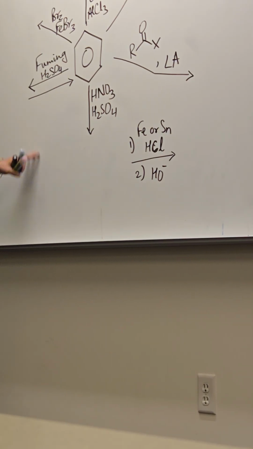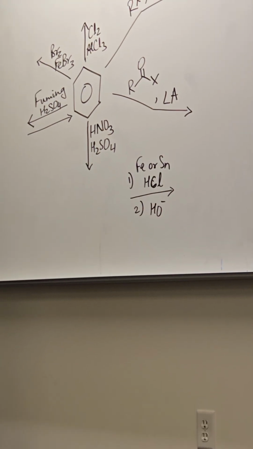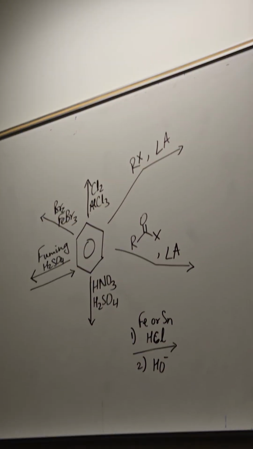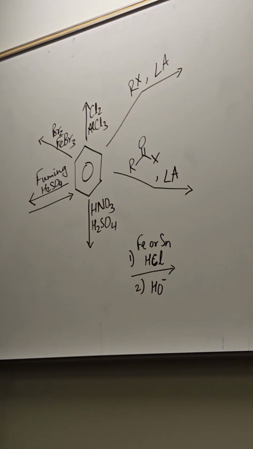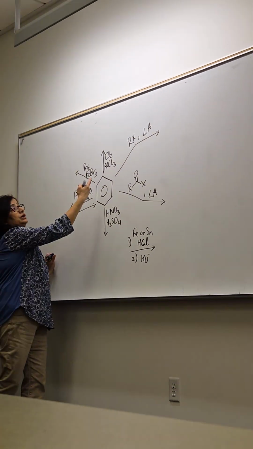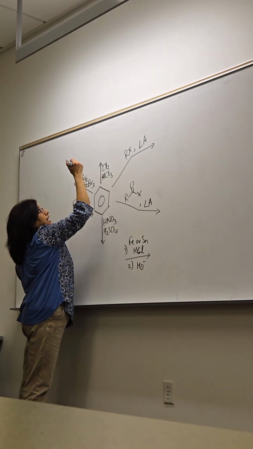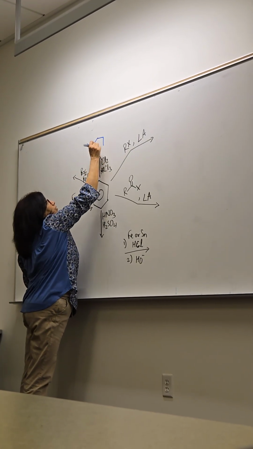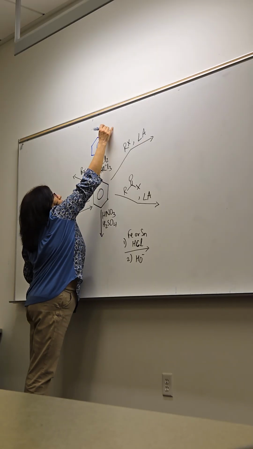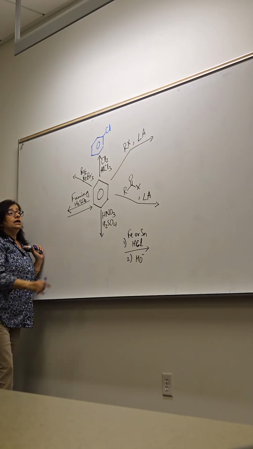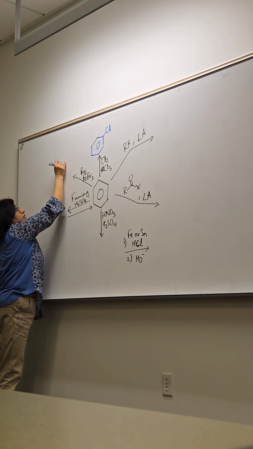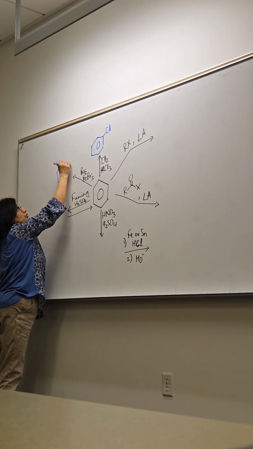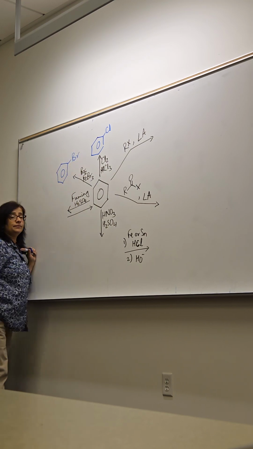Okay, so let's summarize what we've done so far, because so far we've learned 5 reactions with their mechanisms. Benzene can react with chlorine with the Lewis acid catalyst, and what will be the outcome? Agreed? It will react with bromine with the Lewis acid catalyst to produce, right?